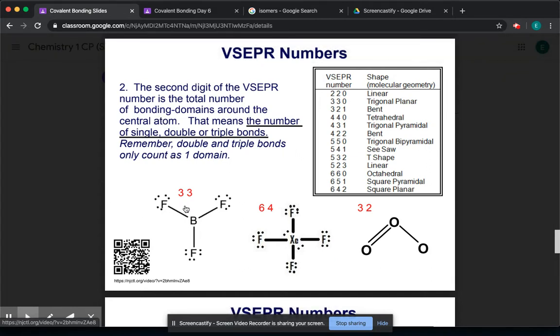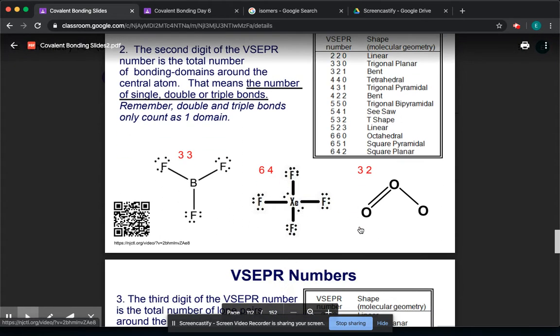So the second digit for this again would be 3. There are only 3 bonds and no lone pairs. This one, there are 4 bonds and 2 lone pairs, but the lone pairs are not included, so it would just be 4. And this one is 2. Again, let me draw the dots so we can be on the same page. This is what it's supposed to look like.